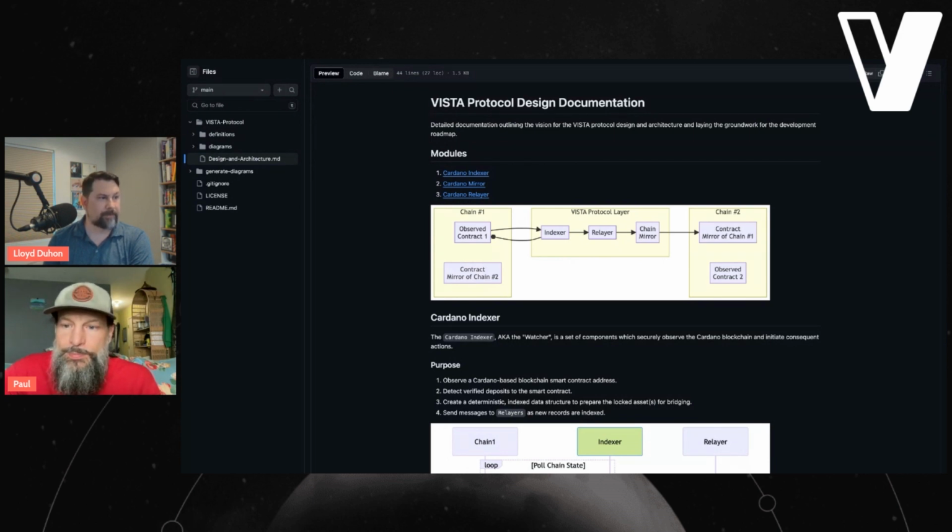All right, perfect. So this is sort of the 10,000-foot view, if you will, of the Cardano Vista protocol. The Vista protocol is not Cardano. It could be Cardano, it could be Cosmos, it could be Algorand, it could be whatever other chain.